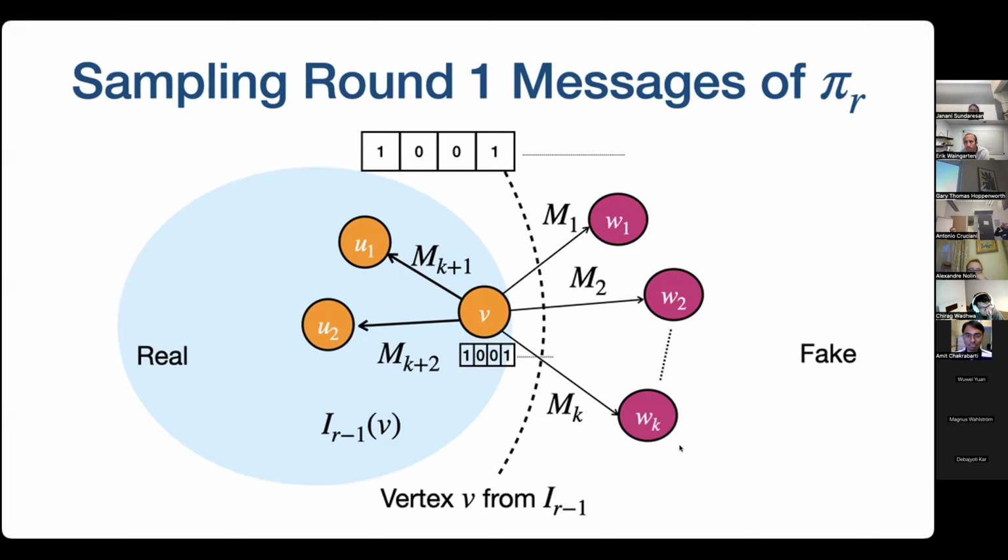And W1 to WK are going to be the fake neighbors that I have imagined. So at this point, U1 is an agent, U2 is an agent, and V is an agent. And all of these vertices from W1 to WK are fake. And V has a public randomness resource and this private randomness resource.